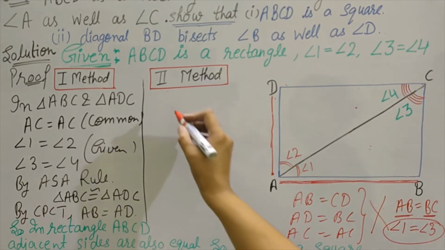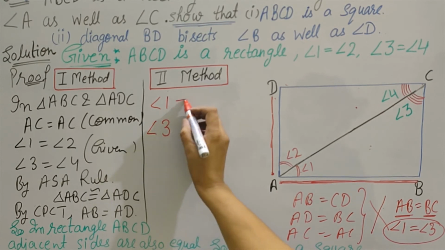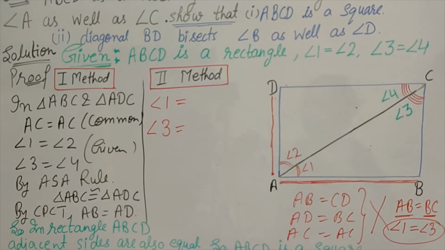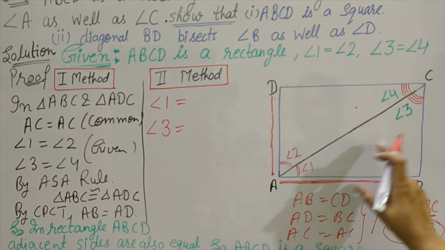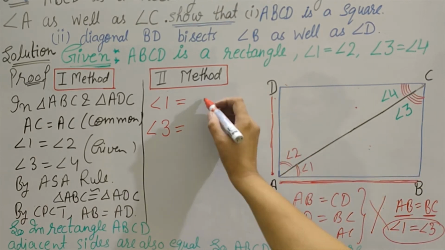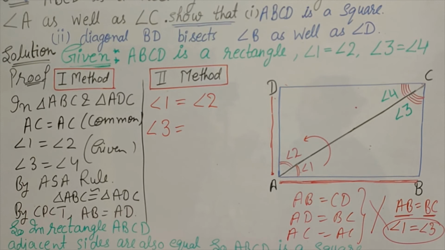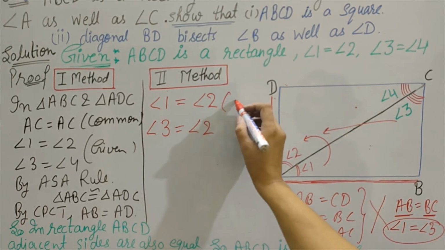So as I told earlier also, write down these two angles जिनको आप equal prove करना चाहते हो. Angle 1 is equal to angle 3 हम लाना चाहते हैं. So just try to write each of them equal to a particular angle. So angle 1 can be written as angle 2. Angle 1 और angle 2 equal हैं, given है ये हमें. And angle 3 also can be written as angle 2. Why 1 and 2? It is given.